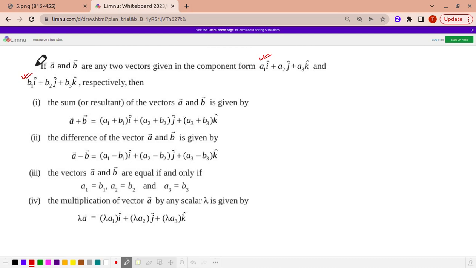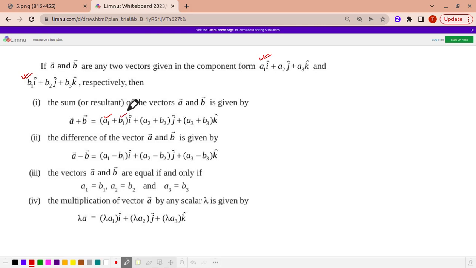Now the sum of these two vectors, a plus b, is nothing but the sum of the corresponding components of i cap, j cap and k cap of these two vectors a and b. So what will be a plus b? It is the sum of the i cap component of the vector a, which is a1, plus the i cap component of the vector b, which is b1.